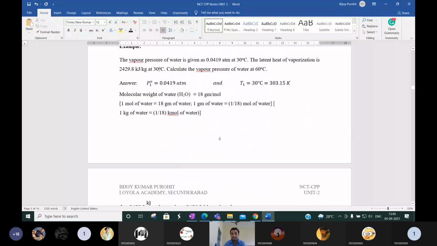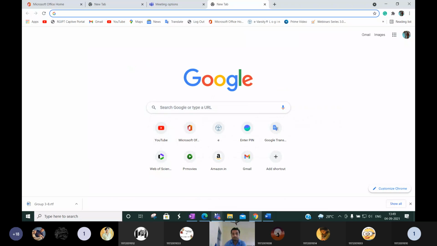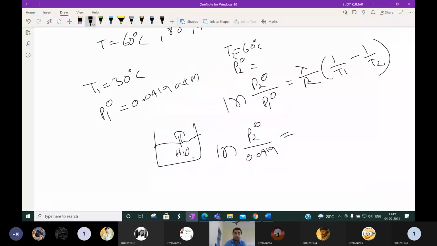At 30 degrees centigrade, it is 2429.8 kilojoule per kg.